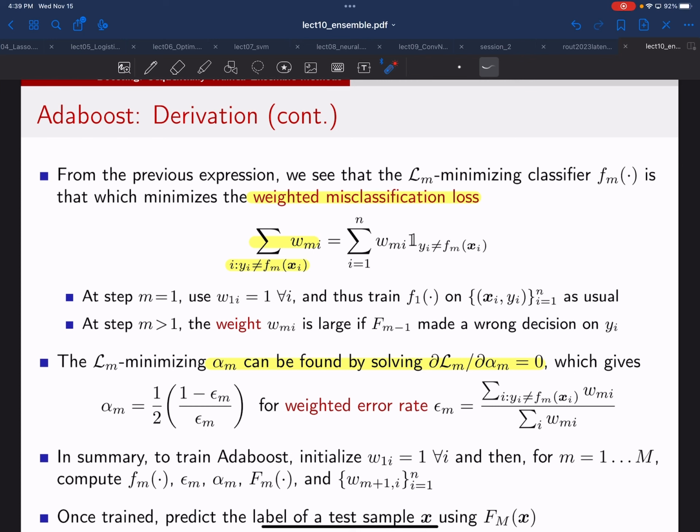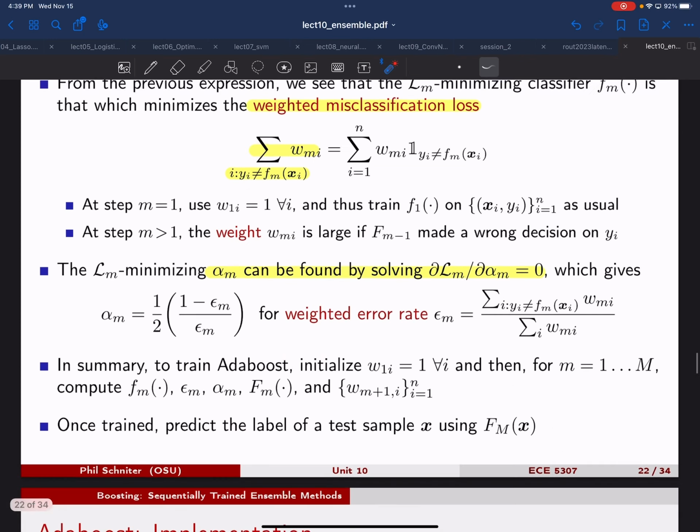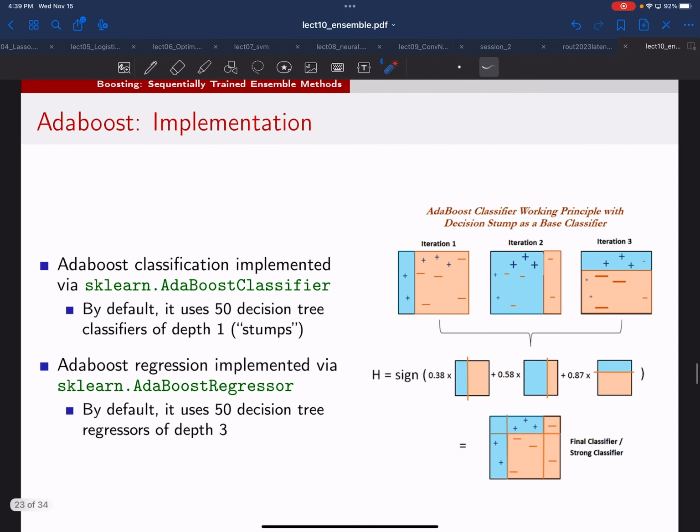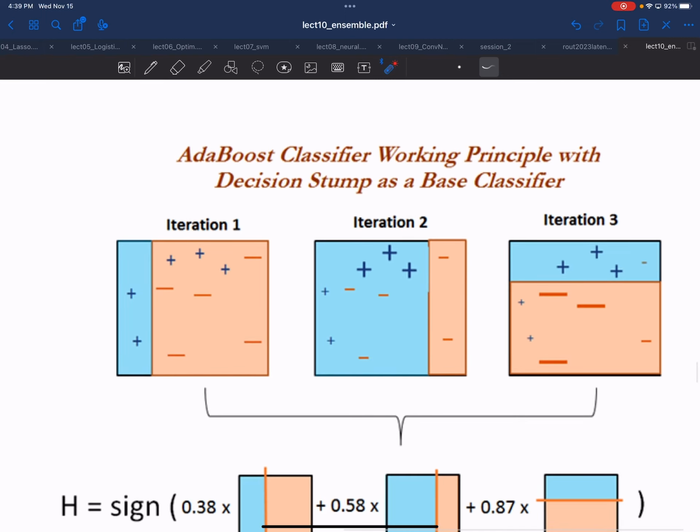Okay, I apologize for that, but here's a little visual illustration of how this might happen. It's a binary data set with two features, x1 and x2. Maybe at iteration 1, your data, as you can see, you have these blue crosses and red minuses.